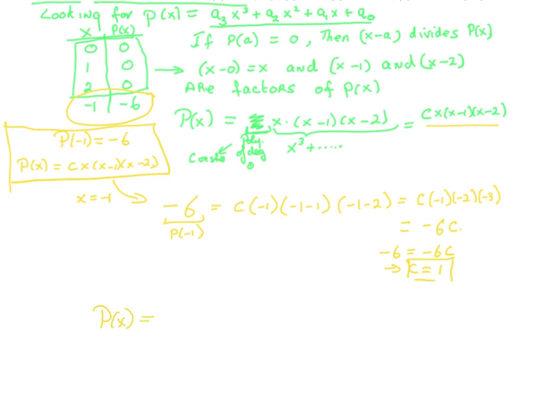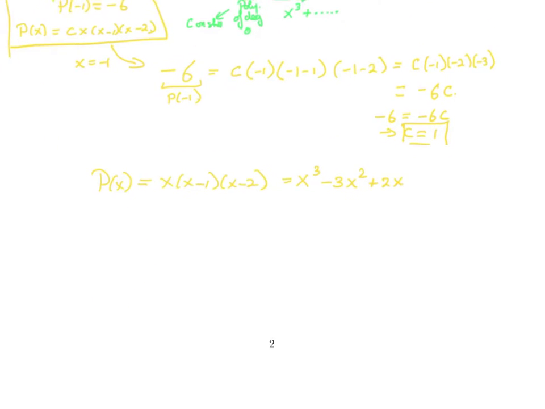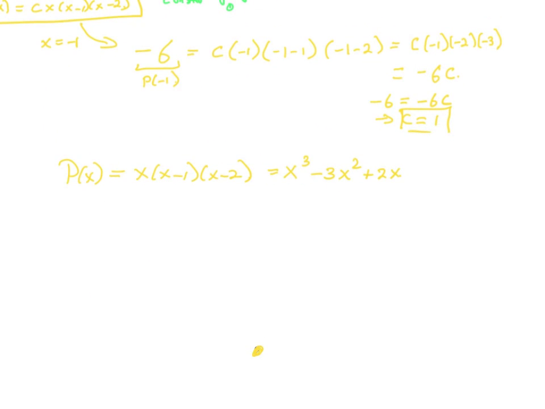So now we know our polynomial completely. The c is 1. P of x is then x times x minus 1 times x minus 2. If you use your distributive law to expand that, you get x cubed minus 3x squared plus 2x. Now the graph of this polynomial, which we'll be able to do quite easily after we have studied derivatives, you could plug in a few points here.